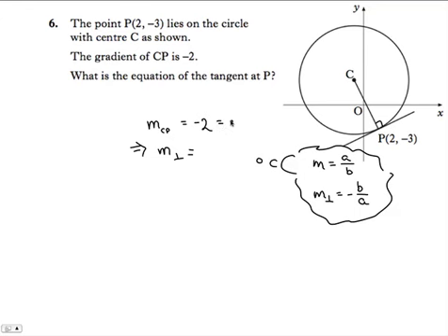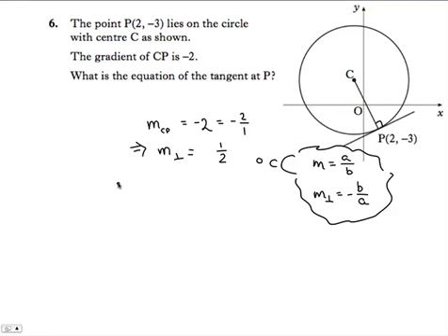So this gradient is minus 2 over 1. The perpendicular gradient, we turn this fraction upside down and make it negative. Negative of negative is a positive. So the gradient of this line is 1/2.